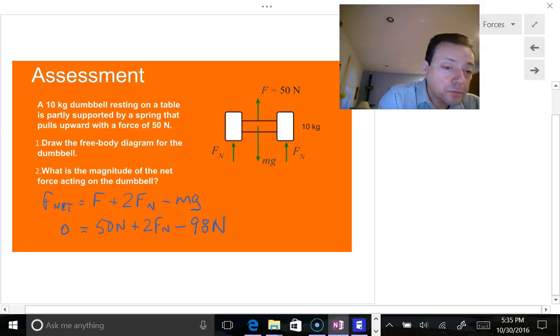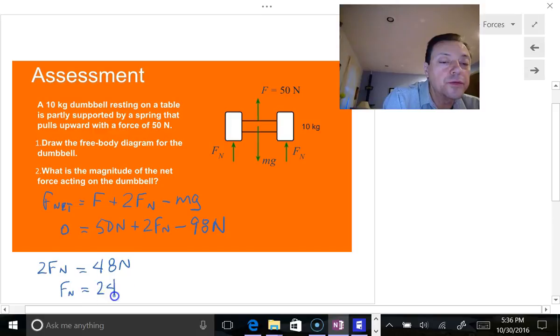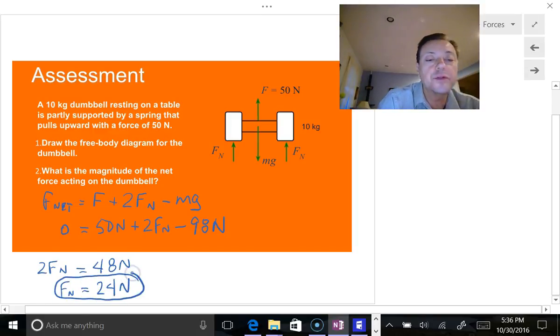Through the mysteries of algebra, 2 times the normal force is equal to 48 newtons. And if I divide through by 2, I get normal force is equal to 24 newtons. So there are two normal forces of 24 newtons each.